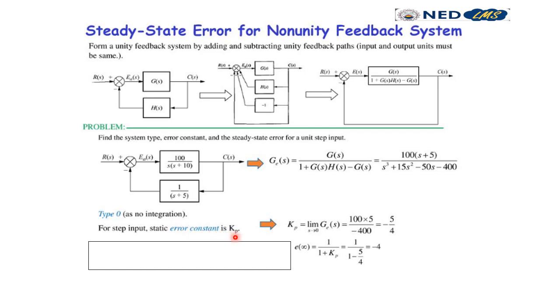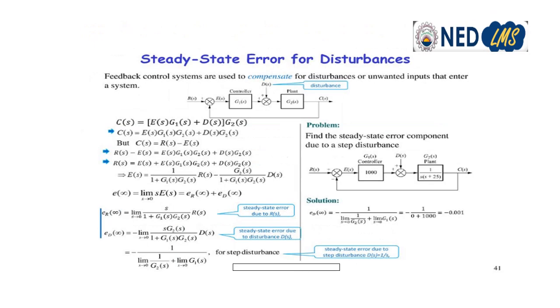Because this is system type 0, we only have to calculate Kp. The formula is Kp equals limit s tends to 0 of G(s), and when we put the value of G(s) here we get minus 5 upon 4. We put the value of this error constant in the steady state error, and we have found the steady state error as minus 4.